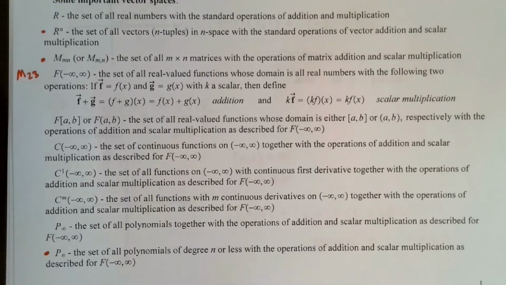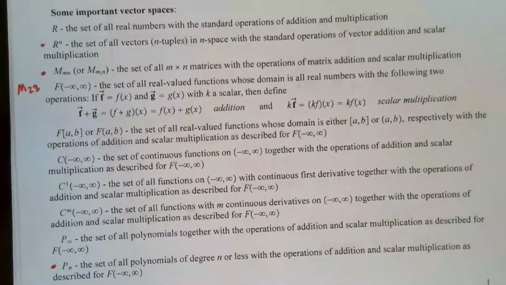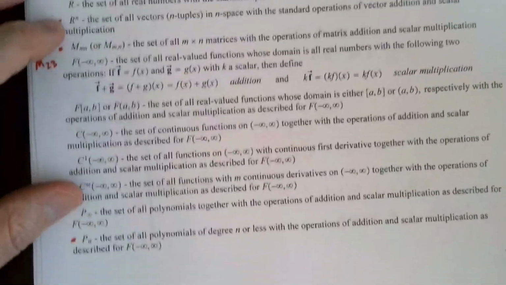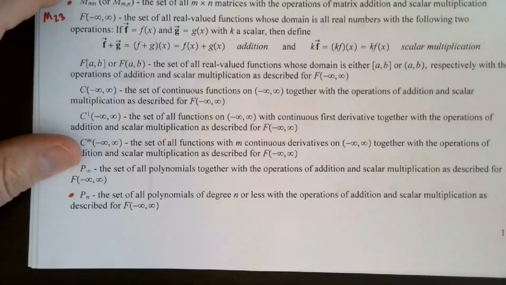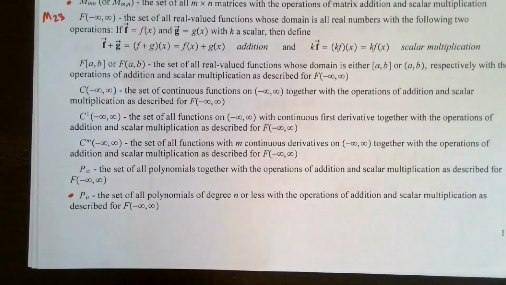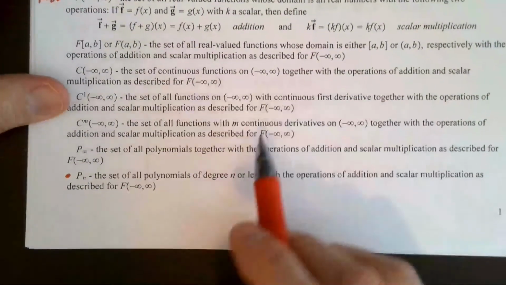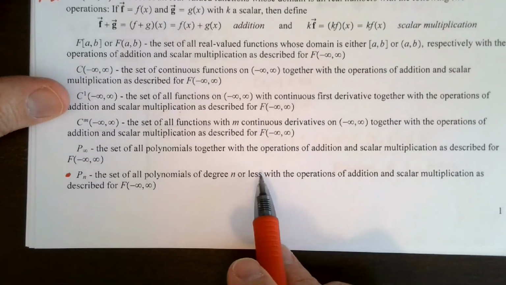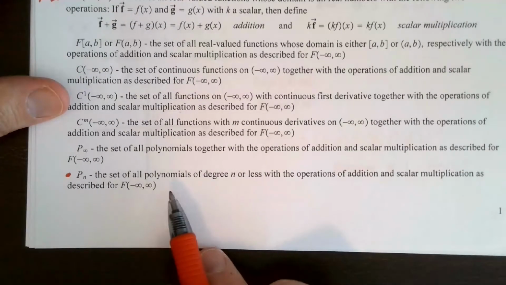And so it's a set of functions, kind of a different sort of thing. And this last one down here, what we're going to be using quite a bit, P sub n here, is the set of all polynomial functions of degree n or less with the operations of addition and scalar multiplication.